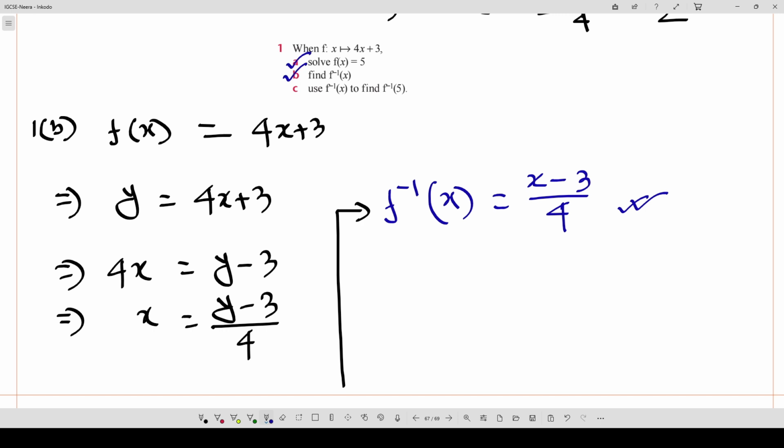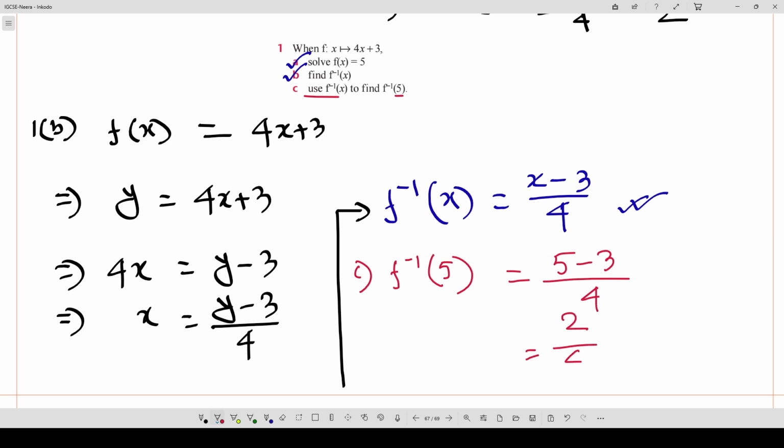Now question C, where we use the inverse function of x to find inverse f of 5. We already have inverse f of x equals x minus 3 by 4. So for inverse f of 5, we put 5 in place of x: 5 minus 3 is 2, divided by 4.